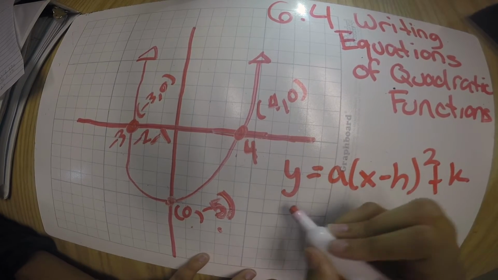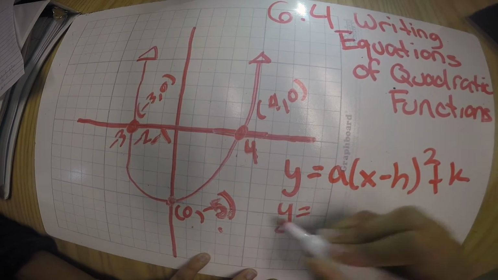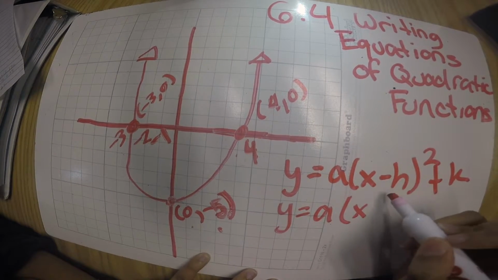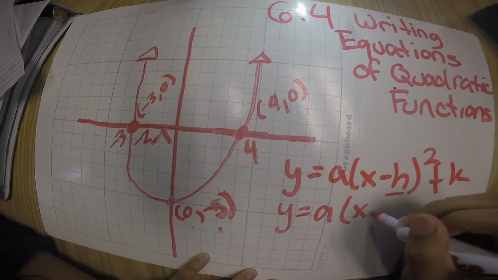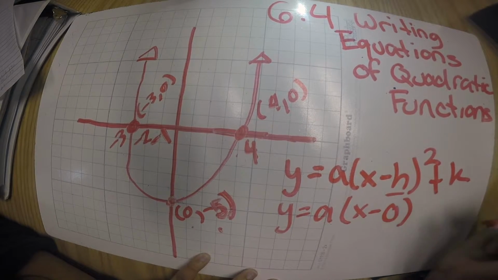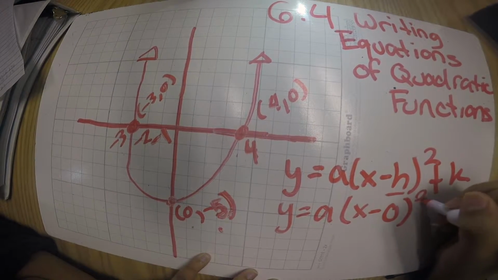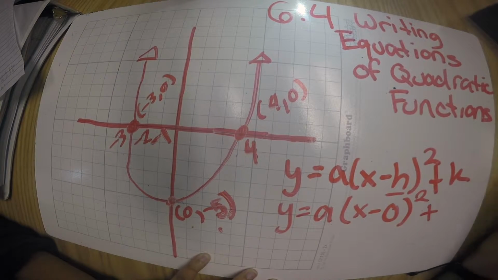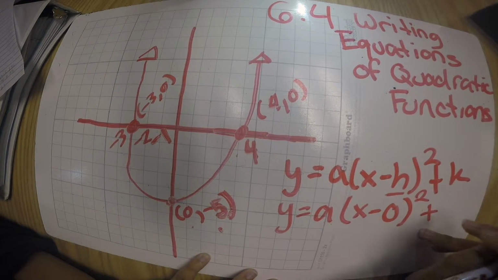So for this one, you do y equals a, and then x, and then you replace h with 0, and then you square this, and then you replace your k with your -5.